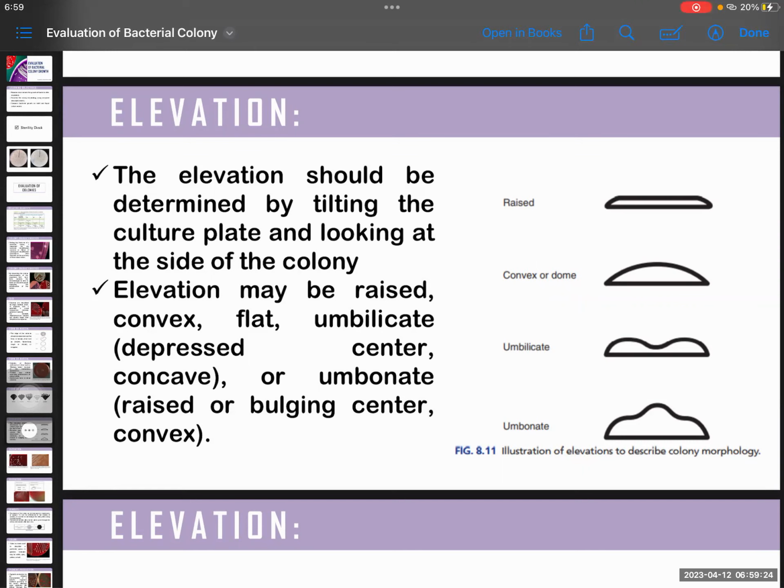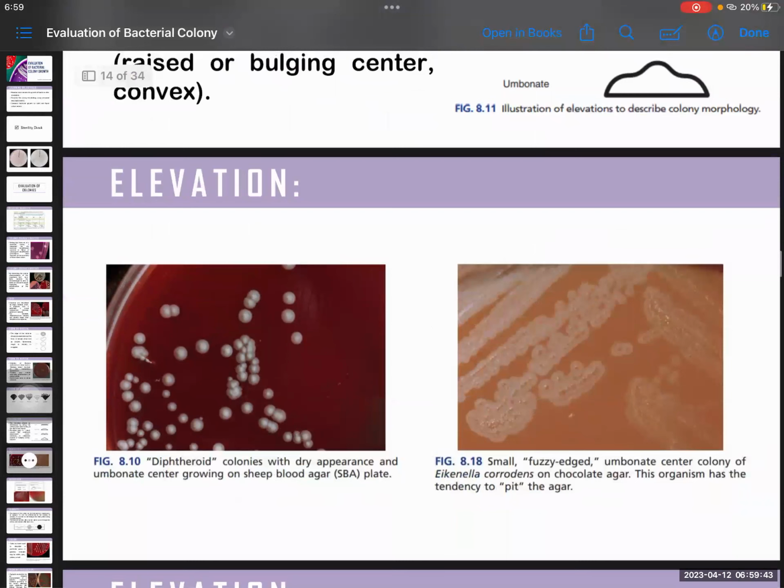No? So medyo there is a depression or a cavity at the center. Or pwede rin namang umbonate. So it's the opposite. Instead of a depression or a hole or cavity, meron siyang bulging center. Okay, so here we can observe some elevation.